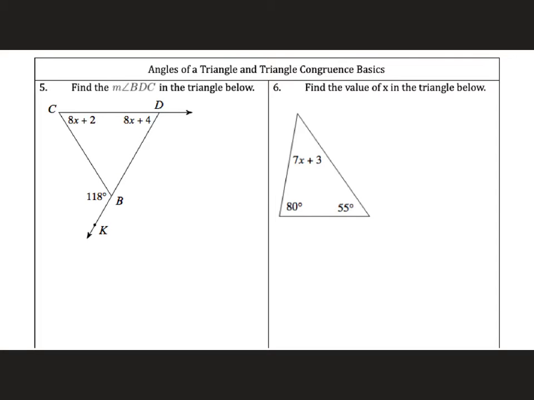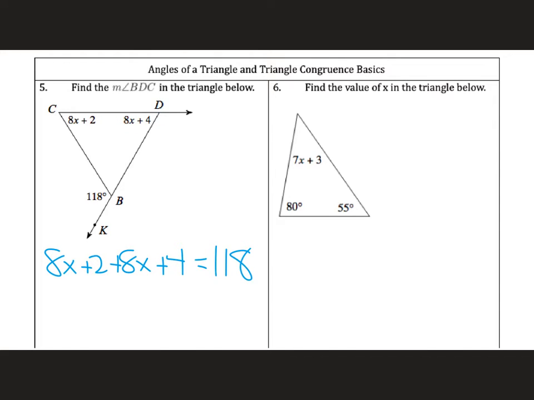Find the measure of angle BDC. So BDC is right here in the triangle below. There are two ways to do this. One way is to set up 8x plus 2 plus 8x plus 4 equals 118. That's using the exterior angle idea, that if we add up the two interior angles, we get the exterior angle.